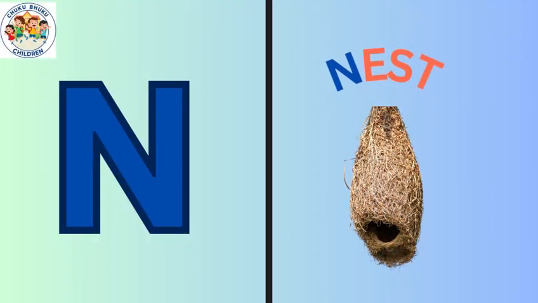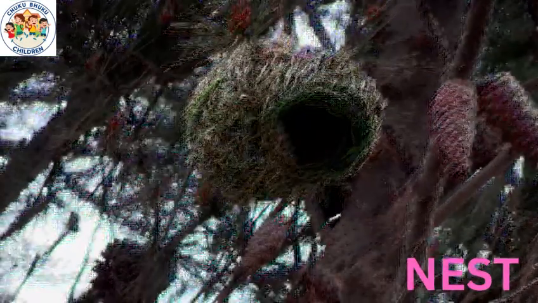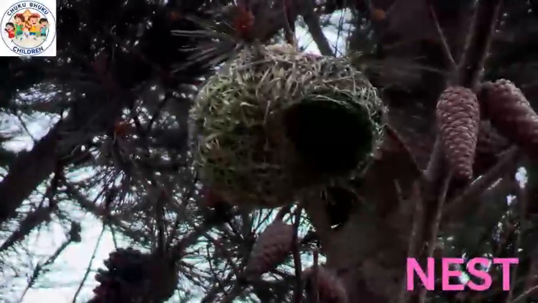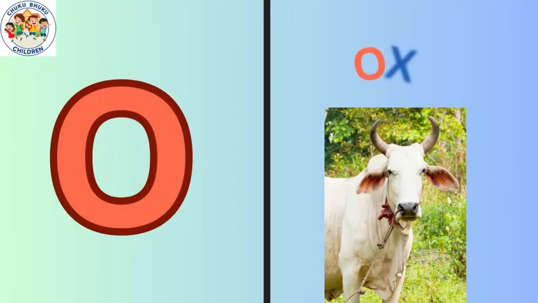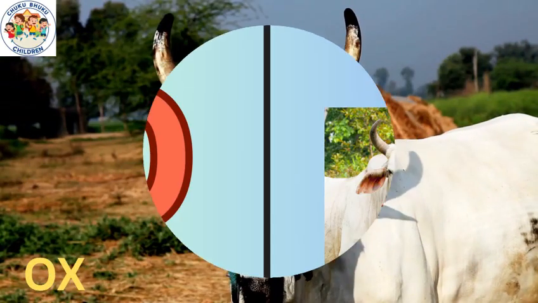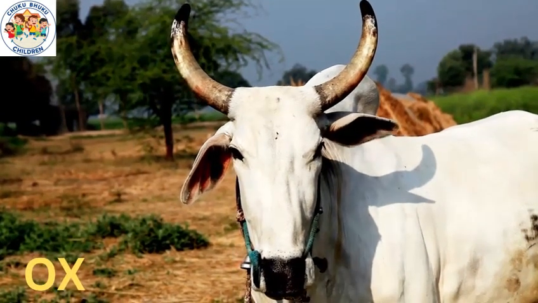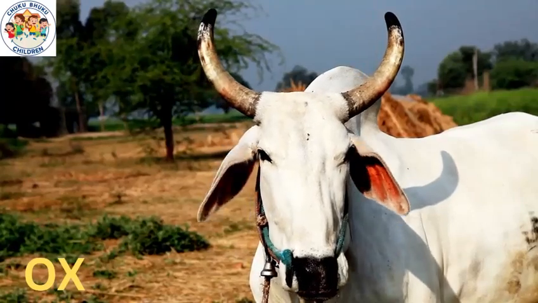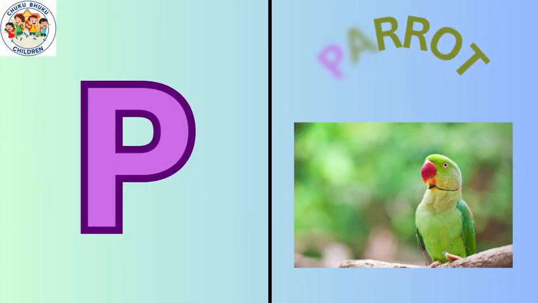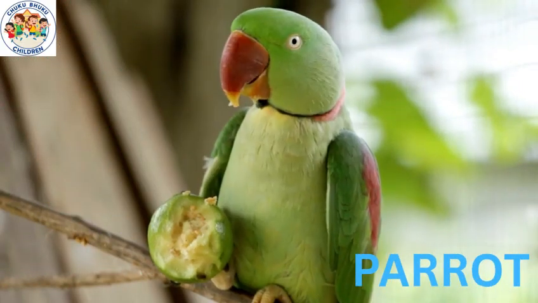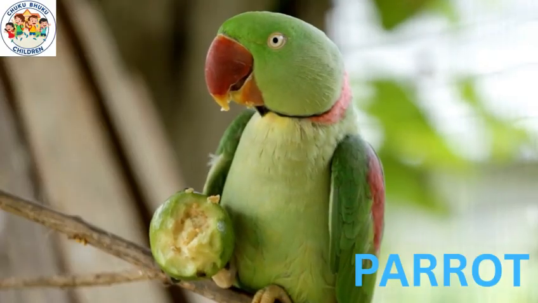N for nest. Nest. O for ox. Ox. P for parrot. Parrot.